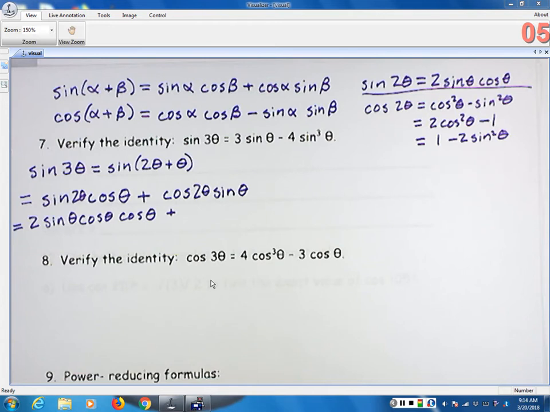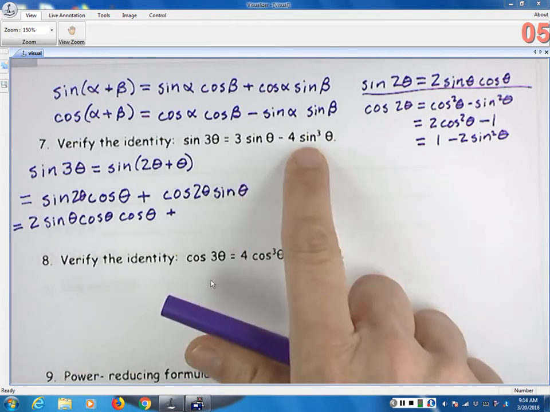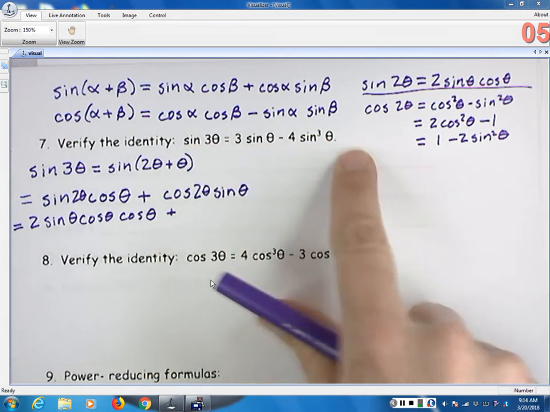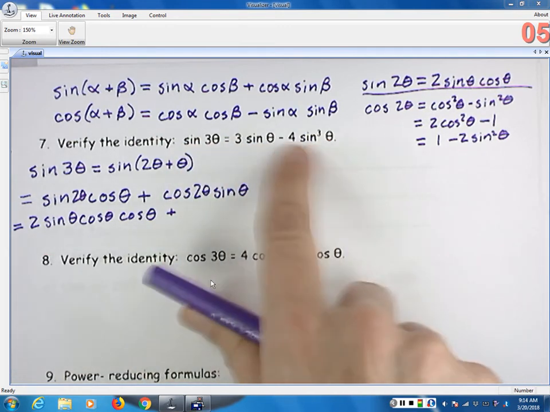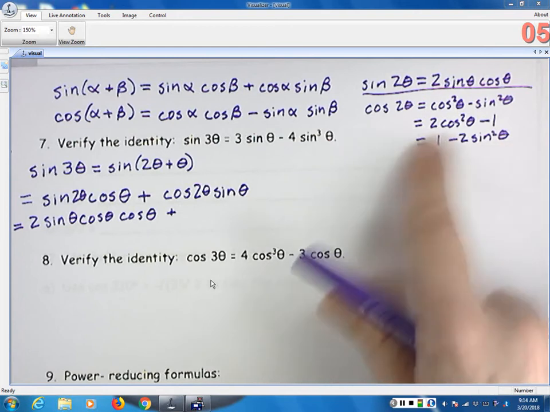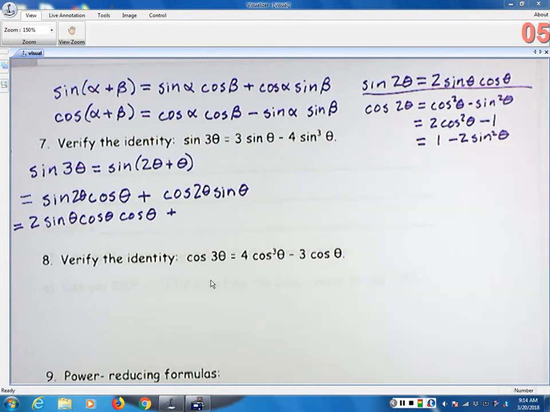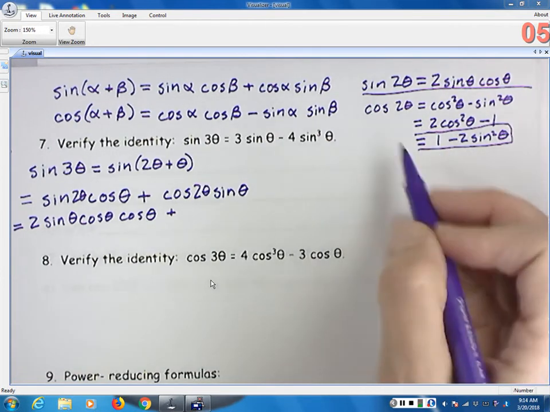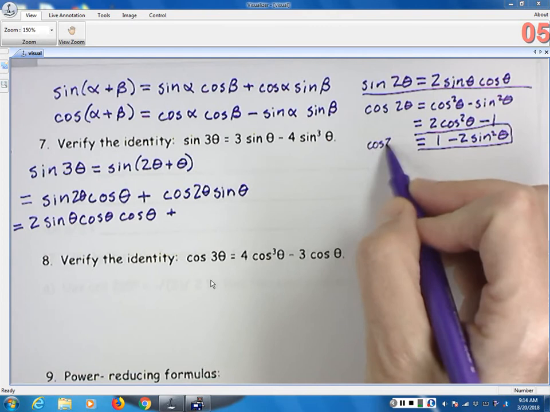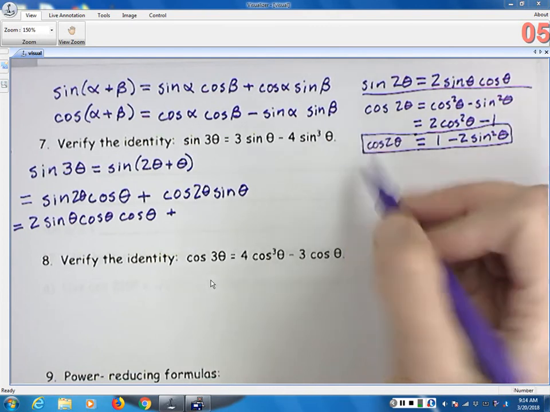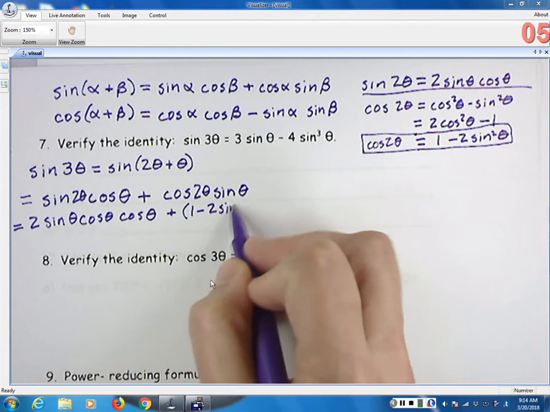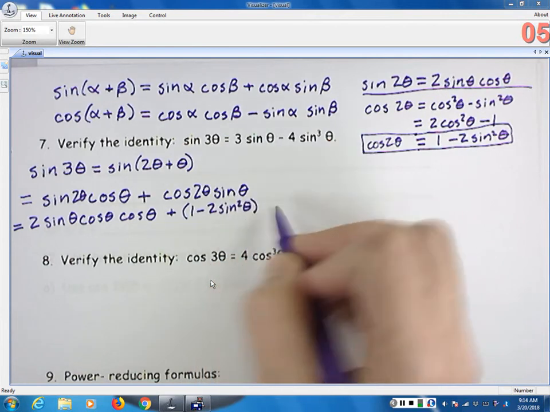It's because we want to make this side equal to that. We want to get everything in terms of sine, so choose the one that makes cosine in terms of sine. That's why I'm choosing that one. So I'm choosing this one for cosine 2 theta. So it's 1 minus 2 sine squared theta times sine theta.